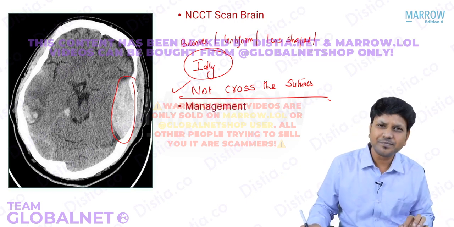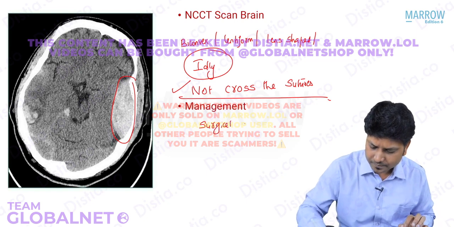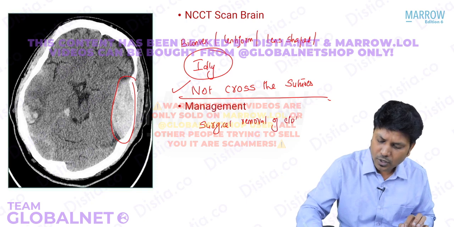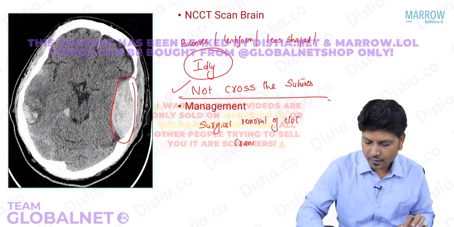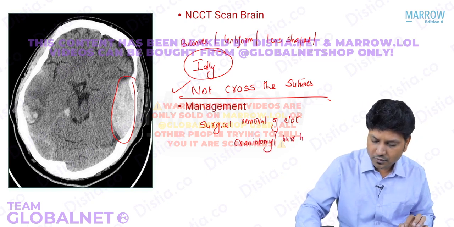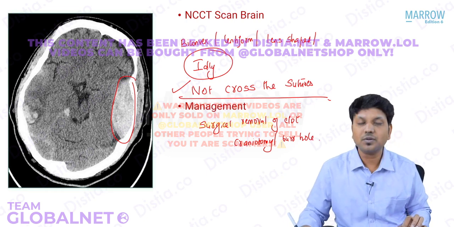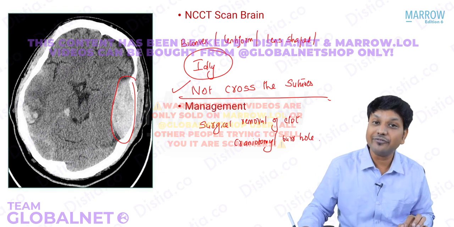We have to do surgical removal of the clot. You can either do a craniotomy, or you can do a burr hole to remove the clot. So the patient will be fine, and you save the life of the person.